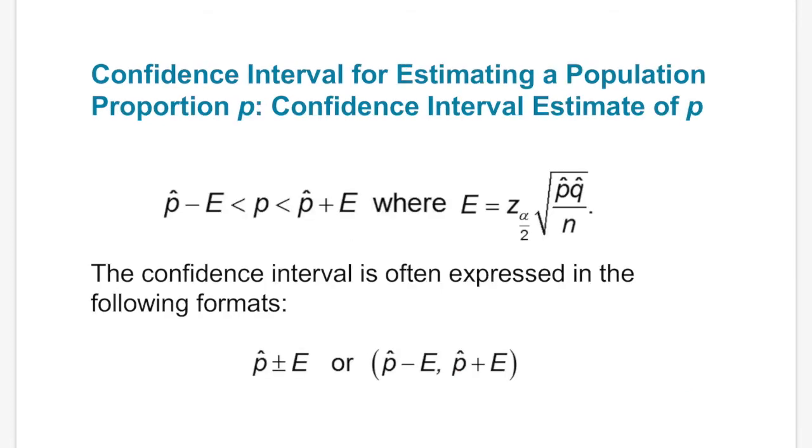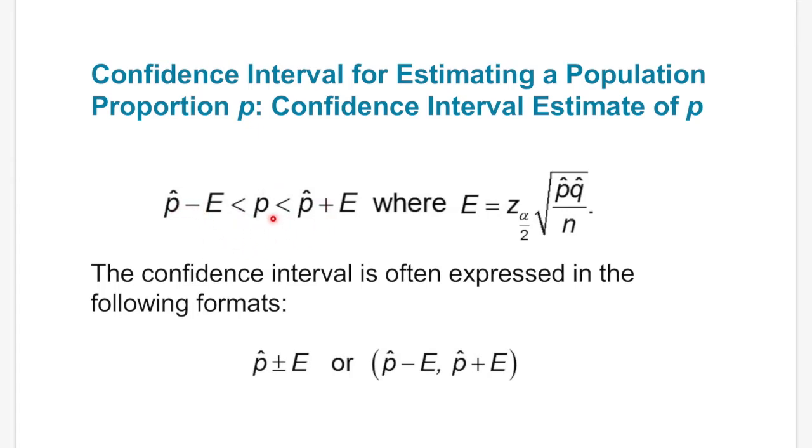Here is how we express the confidence interval. We have the lower limit equal to p hat minus E, and the upper limit equal to p hat plus E, where your p hat is in the middle. p is what we are trying to estimate. So if we have the lower limit and the upper limit, we're saying that p is in between these two numbers.